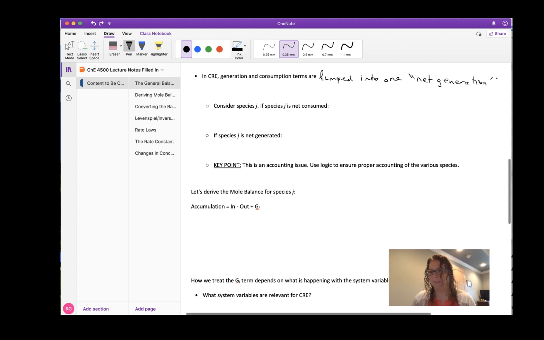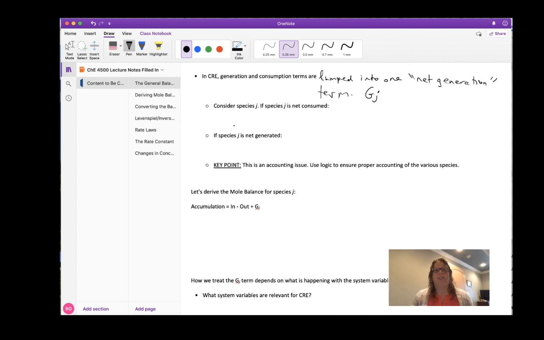We're going to call this term G, net generation. And since we're writing this for a species, we're going to call it G sub J, for species J. Actually, we're going to get rid of this term pretty quickly in the next lecture, so don't get attached.